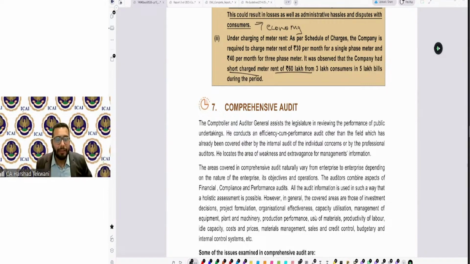A comprehensive audit may include financial matters, compliance matters, and performance matters. If multiple things are combined together, that becomes a comprehensive audit. I do not restrict myself to a particular performance or compliance, but I look into multiple features together.